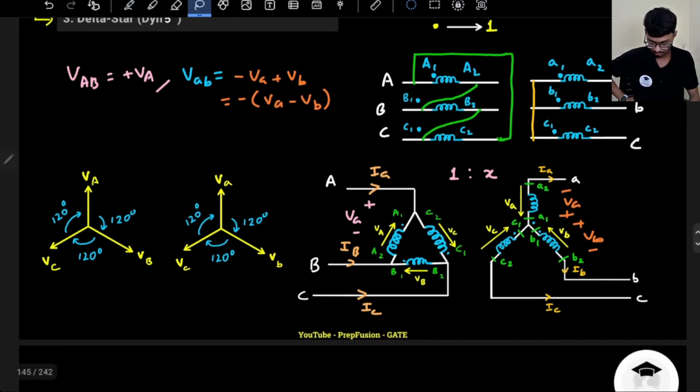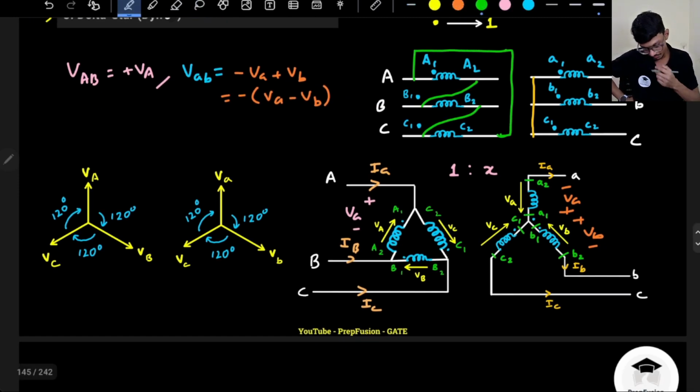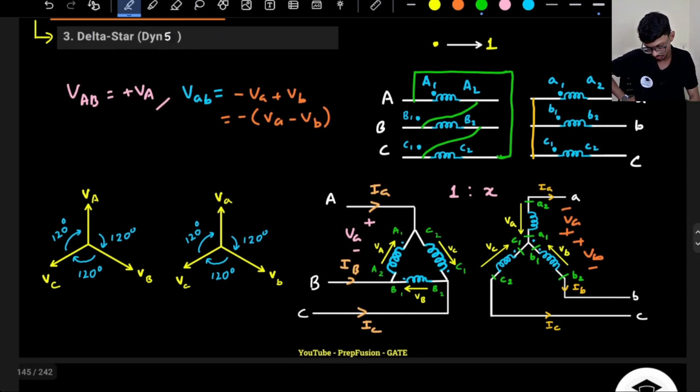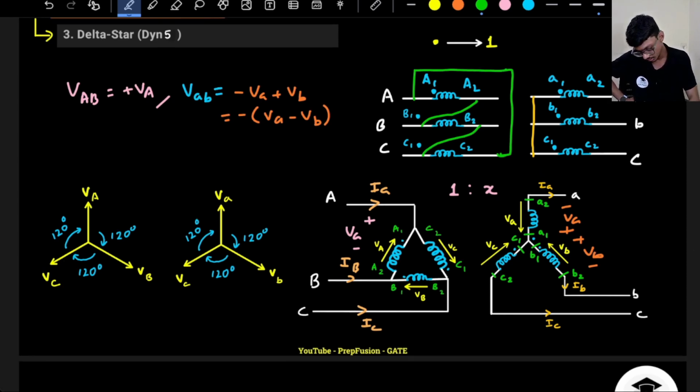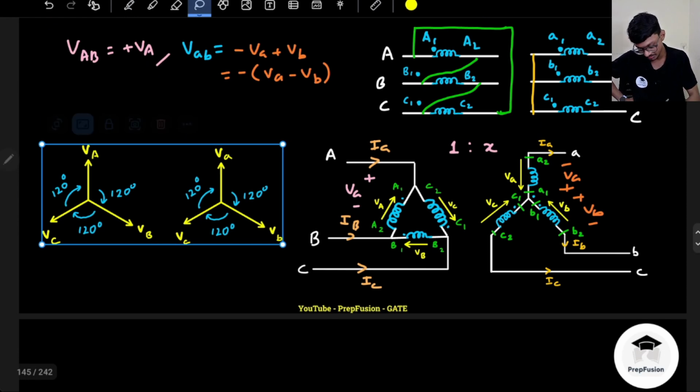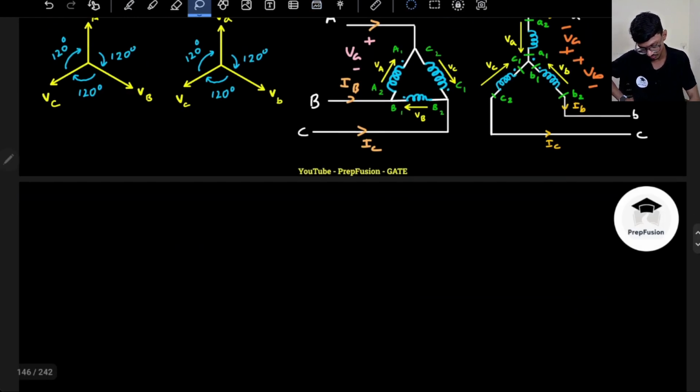so now what I can say is, what will be the directions here. So I will copy this again, and it will just be the opposite, whatever we had calculated previously.